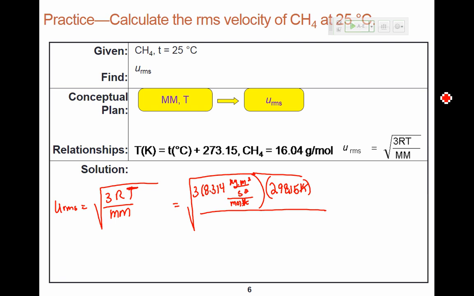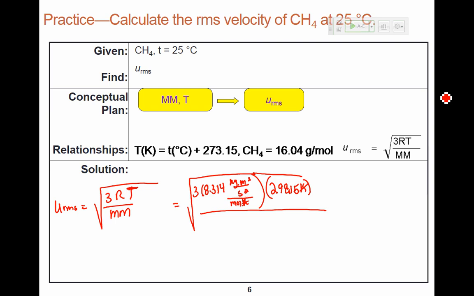Now, here's the key. Our molar mass must be in kilograms per mole because R is in kilograms. So that is the one trick with this. But if you follow your units, you really don't have to memorize that. So for kilograms to cancel out, our molar mass has to be in kilograms per mole instead of grams per mole.